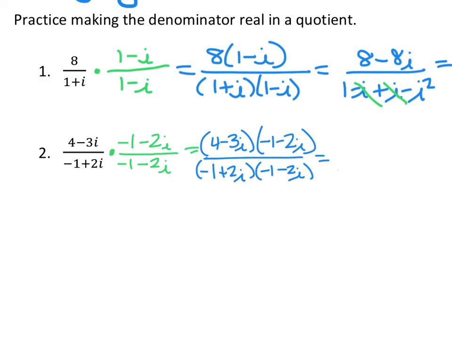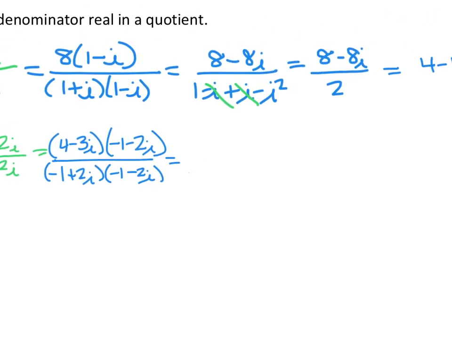So I'm going to start my distribution here. In the numerator, I have 4 times a negative 1 is negative 4. 4 times a negative 2i is negative 8i. Negative 3i times a negative 1 is positive 3i.